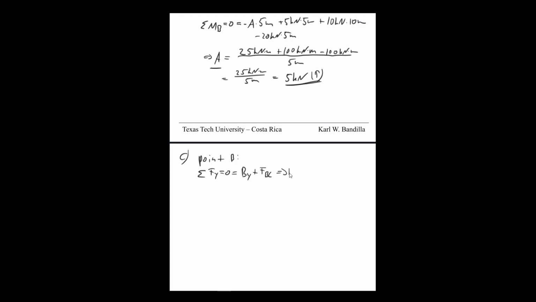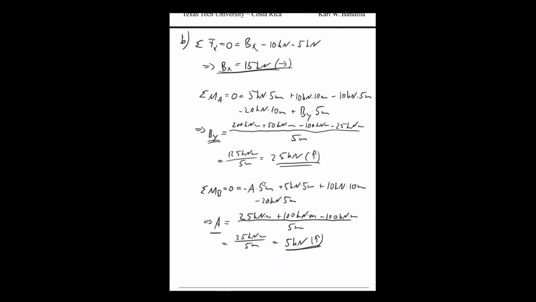That means FBC is minus By. You found By earlier is 25, so it'll be minus 25 kilonewton. We assume that's in tension, so if it's negative, it's in compression.